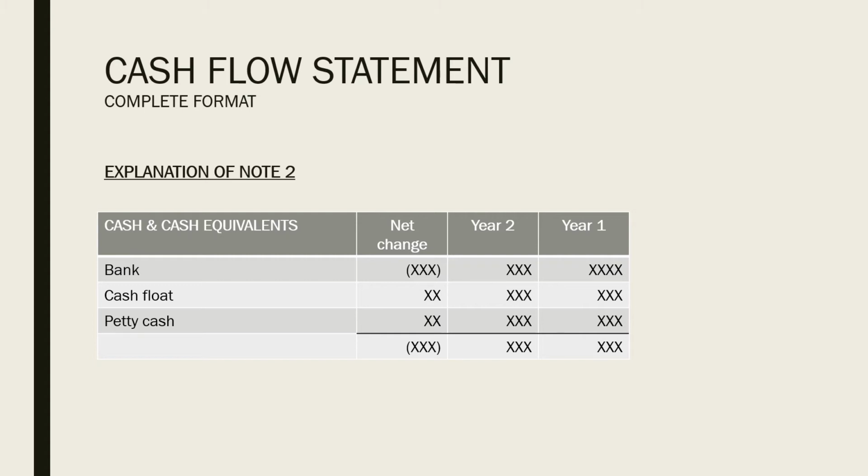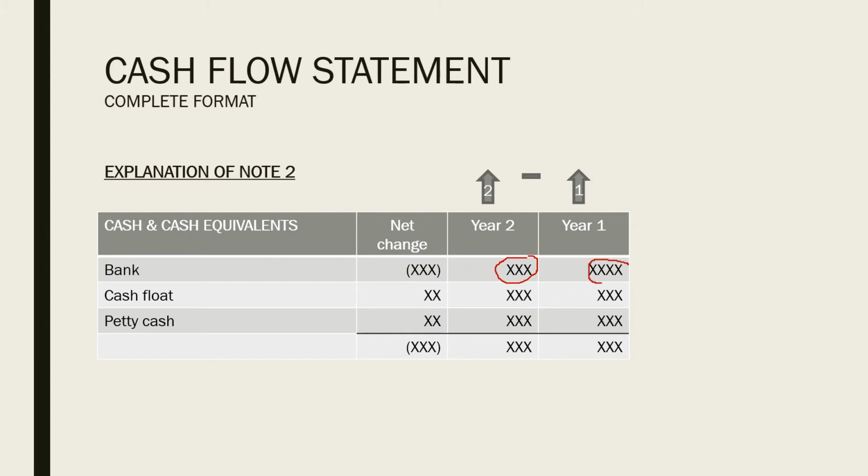So to calculate the net change for the bank, for example, we are going to take the value for year 2, whatever this value is, and we are going to minus the value for year 1.